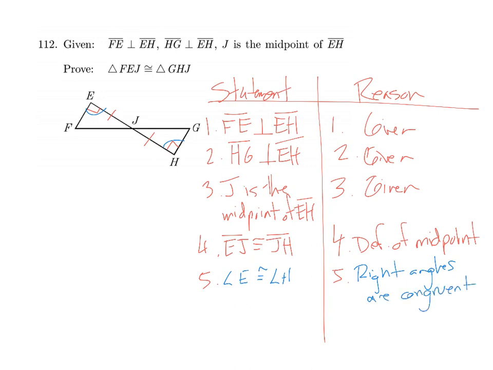They have the same measure. Then I know that these are vertical angles here. So I have angle EJF is congruent to angle HJG. And the reason, those are just vertical angles.